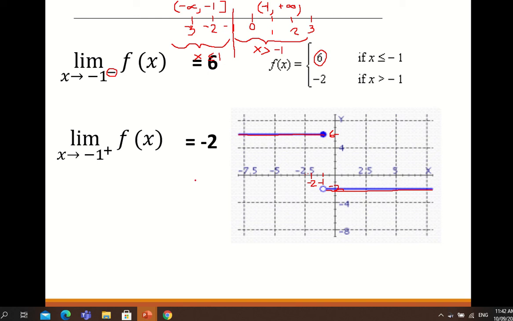Both limits exist but they are not equal. Therefore, the limit of the function of x as x approaches negative 1 does not exist.